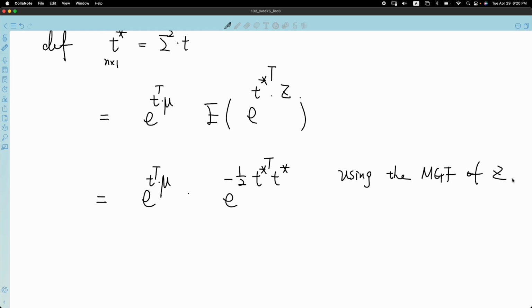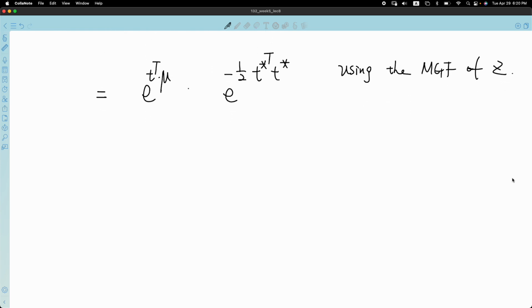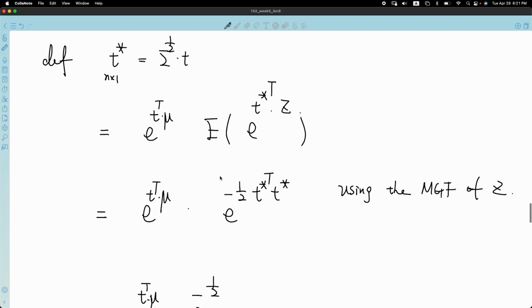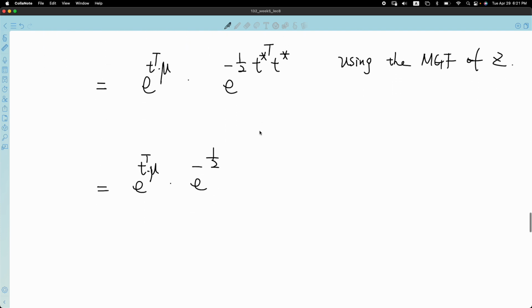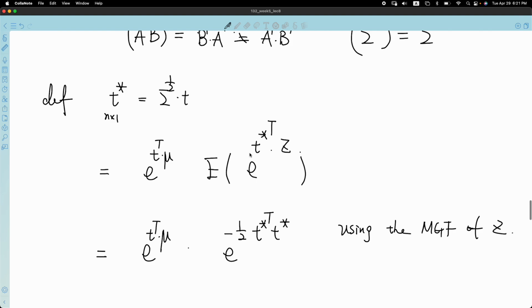Next, let's replace the T star with what we called it, and then we will have a complete form. E of T transpose mu, that's the constant part, e of negative 1/2, and then let's bring back what we call the T star. Let me not jump steps for the first time.